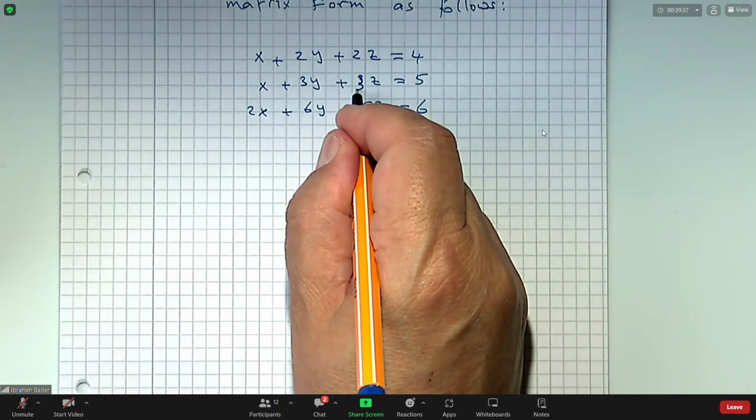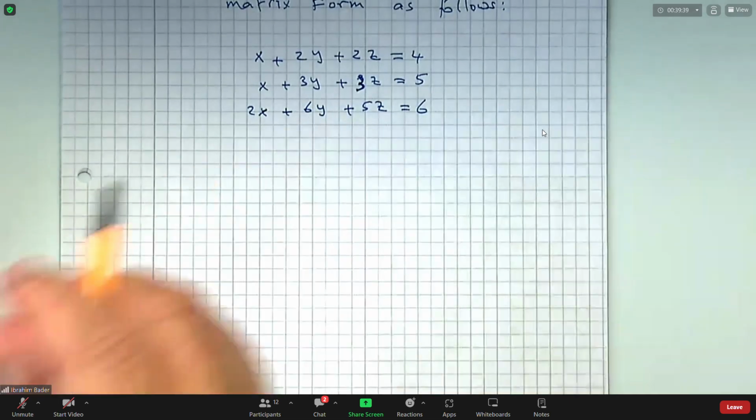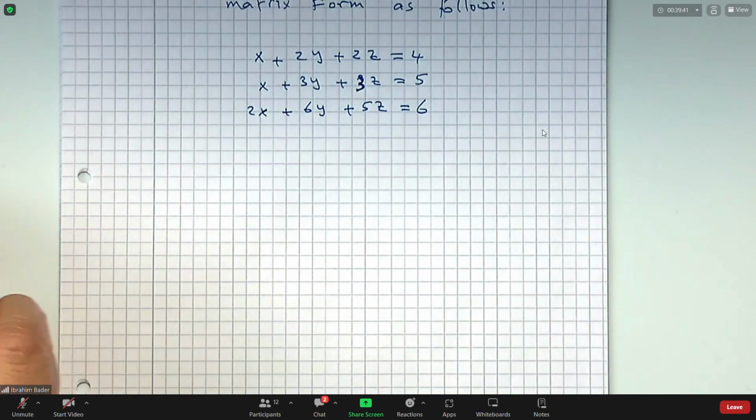Very simple step here, but we will see later it will be the start of evaluating the systematic Gaussian elimination.